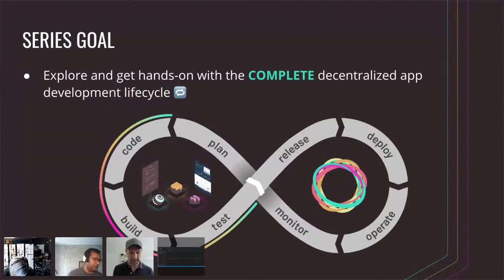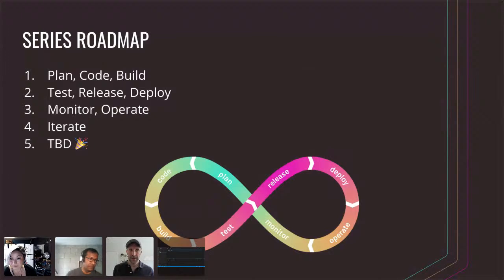Cool. Thanks, Amal. So in terms of the roadmap for the series, briefly, we're roughly, and emphasis on roughly, going to be following the life cycle. We've got another variation of that same diagram here on this slide, and we'll be loosely mapping the different stages in the life cycle to different episodes or different weeks. Big caveat that it's not going to be completely linear.